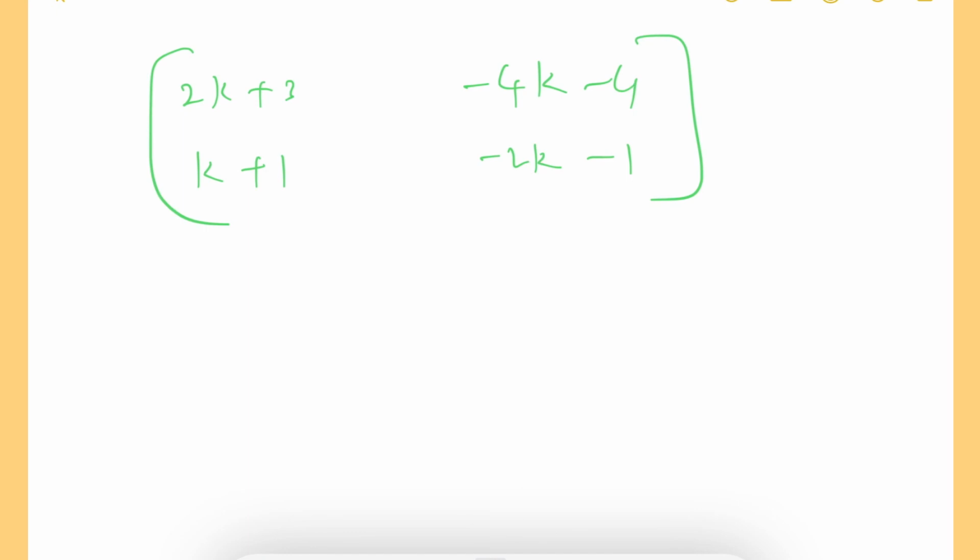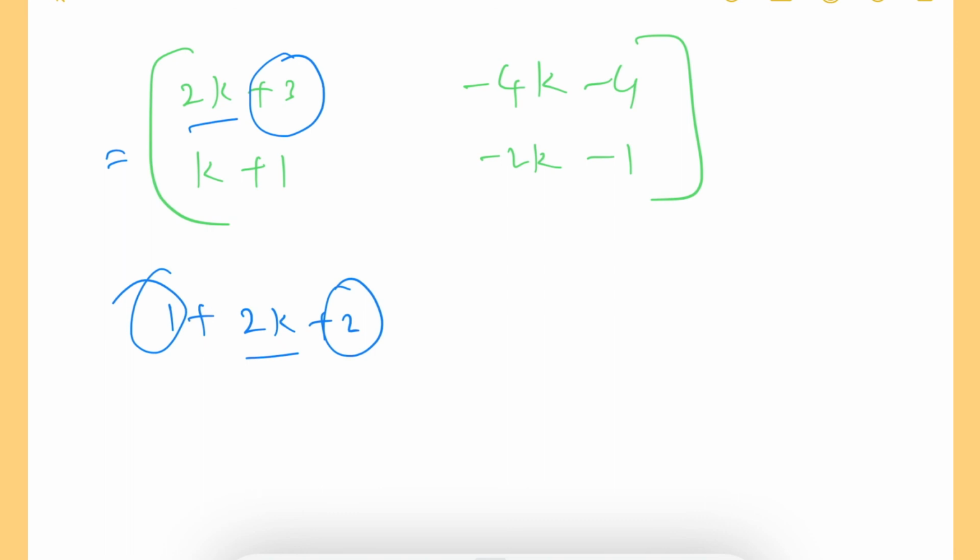Okay, now one by one I will try to change each element according to the question. 2k plus 3 I will write as 1 plus 2k plus 2. Just 2k I am writing as it is, plus 3 I am writing as 1 plus 2, because you will understand why I am writing like this in the next step.